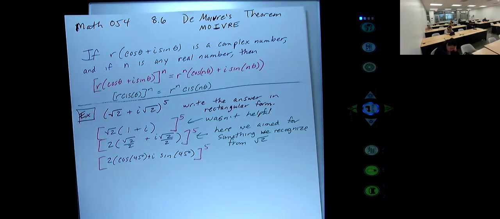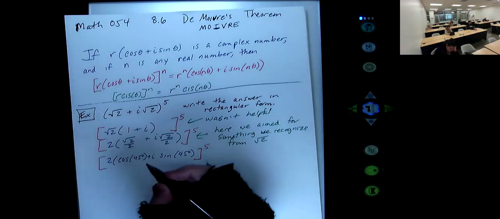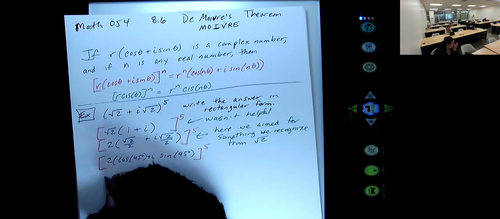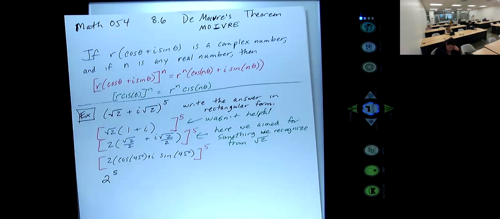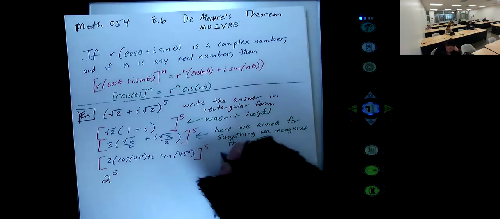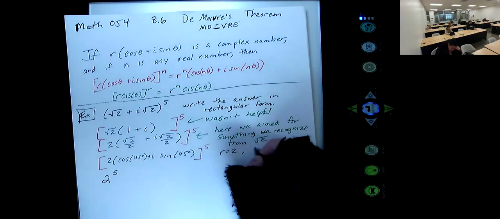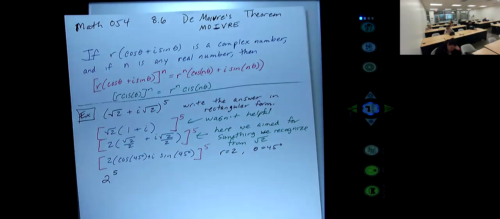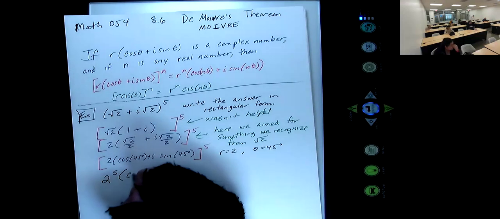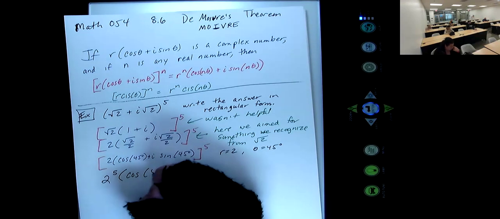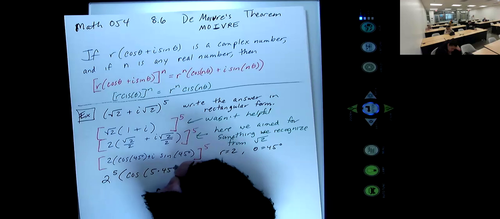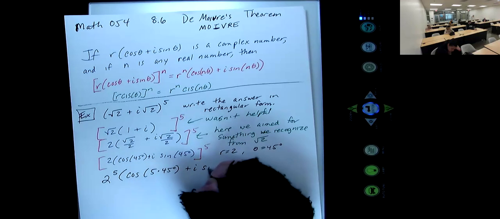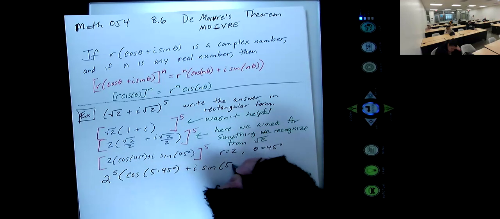And using Moivre's formula, this turns into 2 to the 5th power, because R is 2 here, and theta is 45 degrees. Then we have cosine of 5 times 45 degrees plus I sine of 5 times 45 degrees.